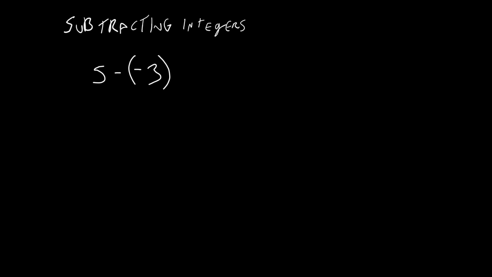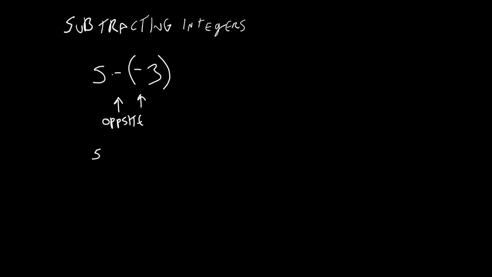What happens though is I have what could be known as a double negative. When I subtract, I'm looking for the opposite. So I now have 5 minus a negative. What's the opposite of a negative? Because I'm going to be doing the opposite. So the opposite of a negative is a positive.